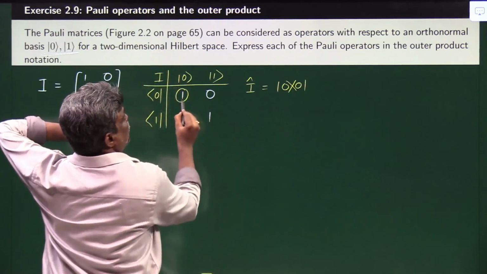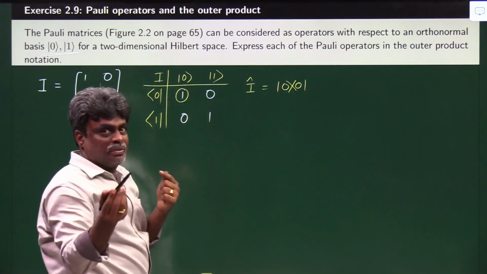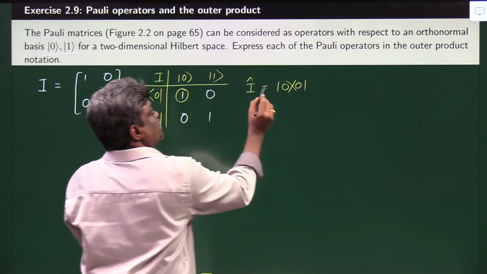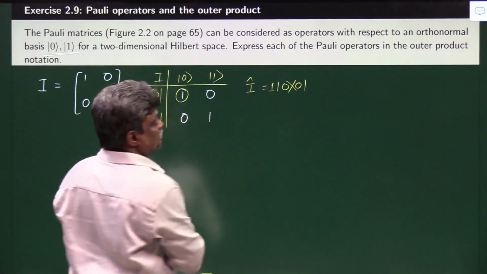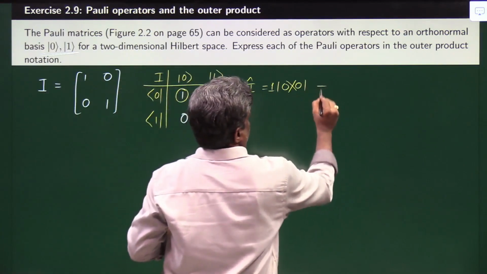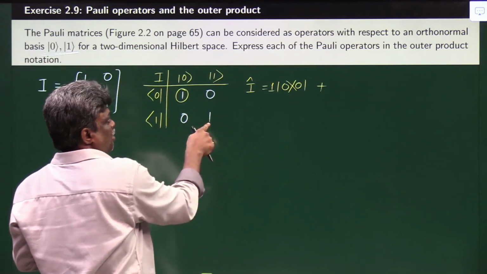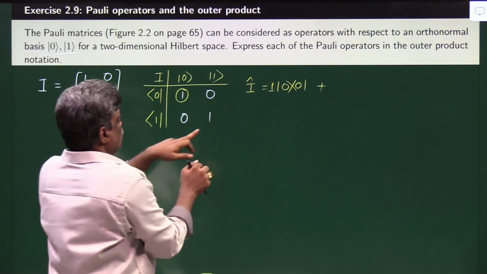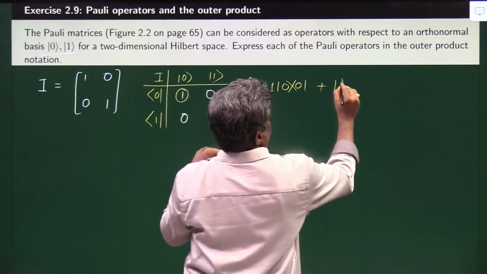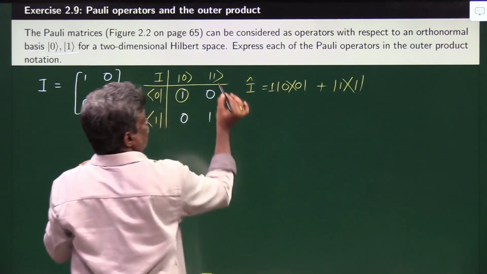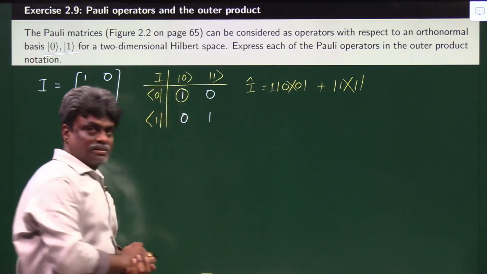And whatever non-zero coefficient you have, just take it and write it here, plus. Of course, these other terms won't appear because of zeros. And here we have 1. So again, this is nothing but: make this bra vector a ket vector and make this ket vector a bra vector.